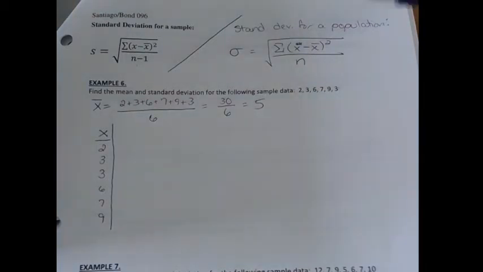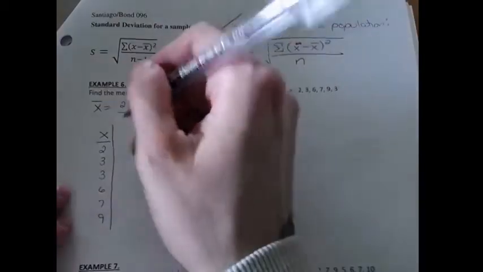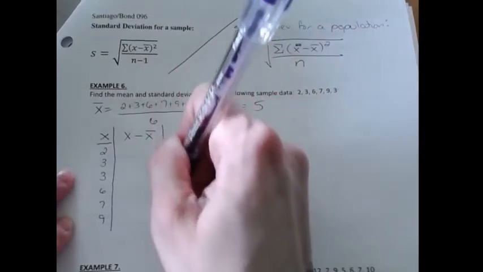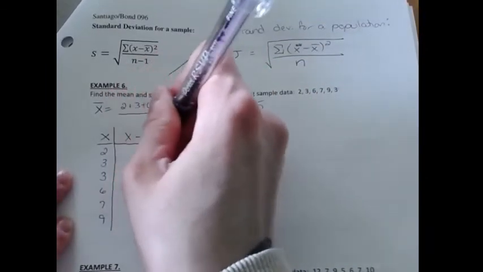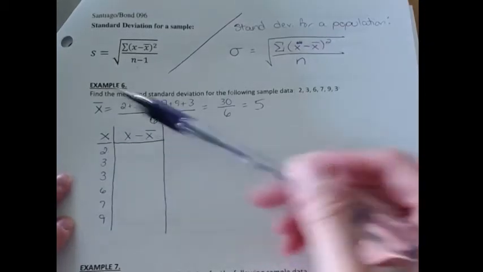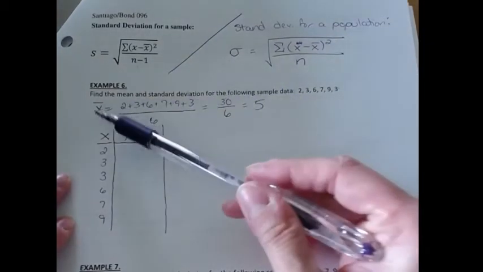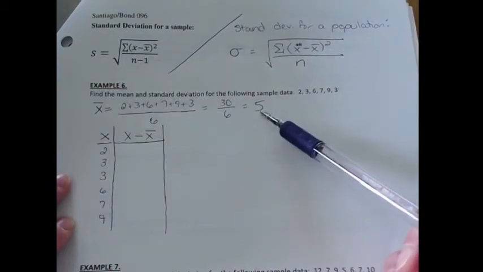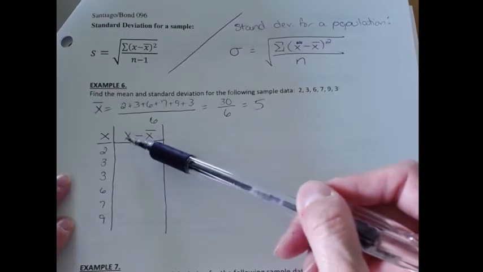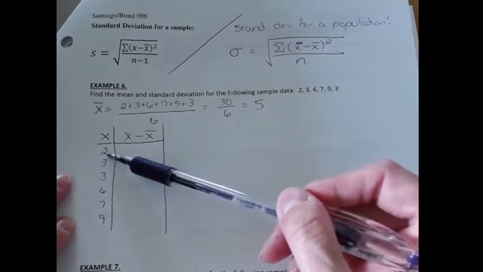Notice in our formula, we have x minus x bar. So our second column, we're going to call x minus x bar. As a reminder, x is our raw data value, and x bar represents our mean. In this case, our mean is 5. So for our first cell here, we're going to take our raw data value and subtract the mean.